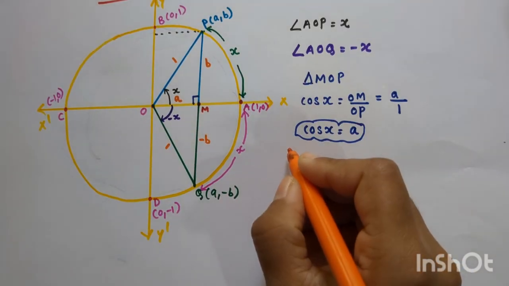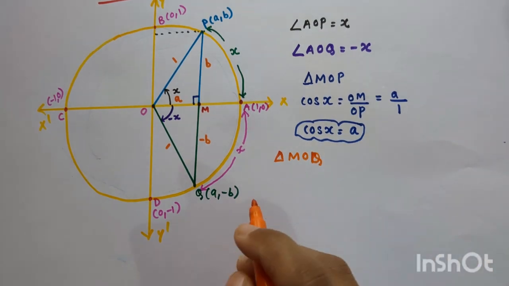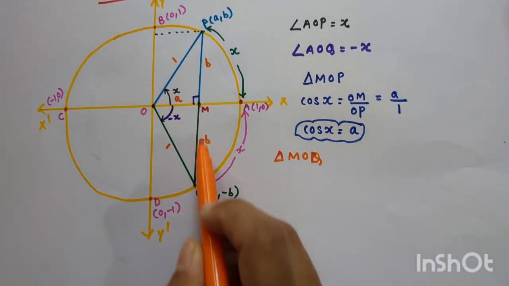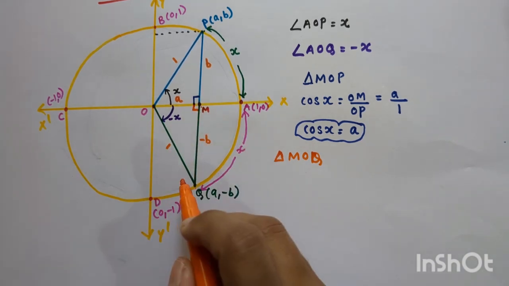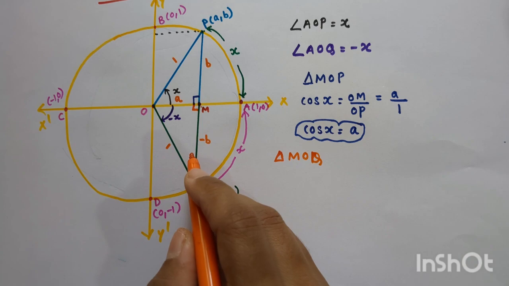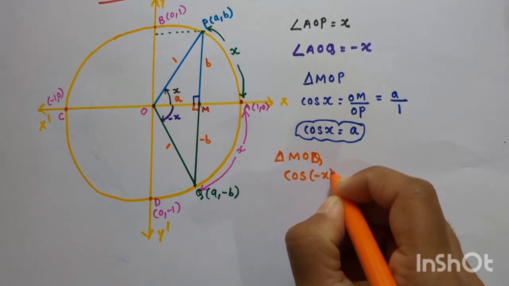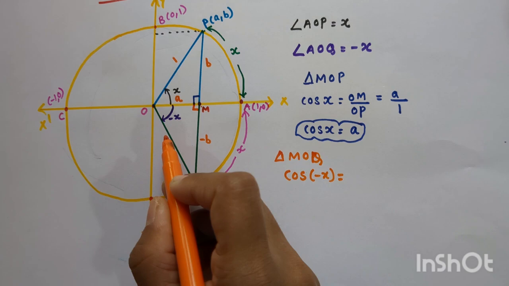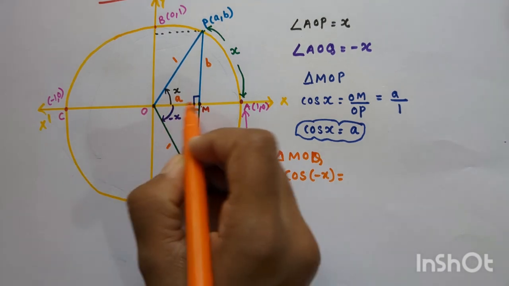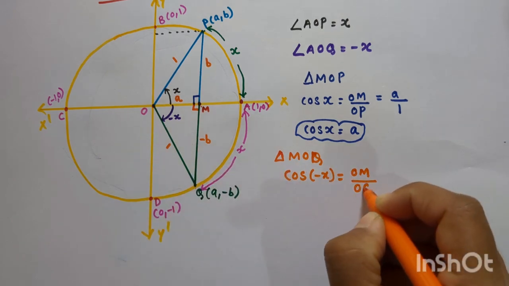Now let us consider another triangle MOQ. This is also a right triangle. Here if you find cos of minus x, that will be equal to the adjacent side by the hypotenuse. The adjacent side is OM divided by the hypotenuse, which is OQ.